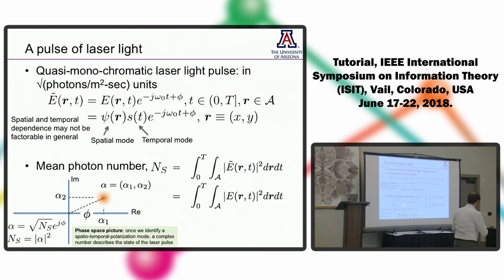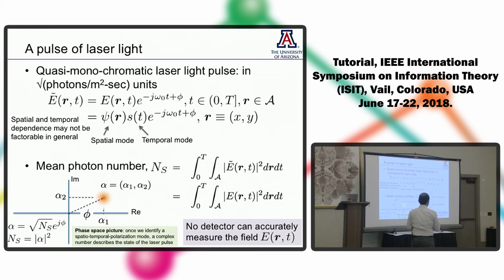Is that clear? Okay. The next thing is a very important thing that results in a lot of the conclusions we are going to draw today. We cannot measure that electric field. That E of r, t, you can generate, or try to generate, as close to what you want as you wish by designing it with a very low noise amplitude and phase modulator, for instance.